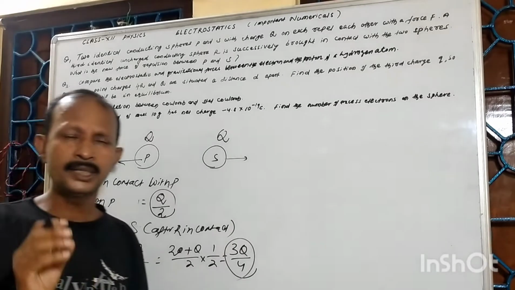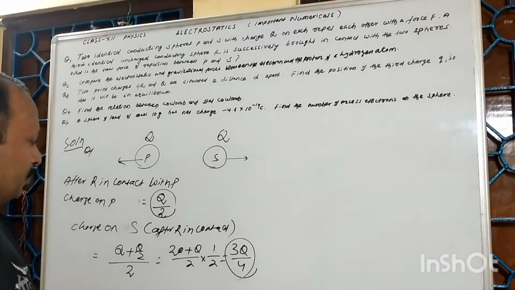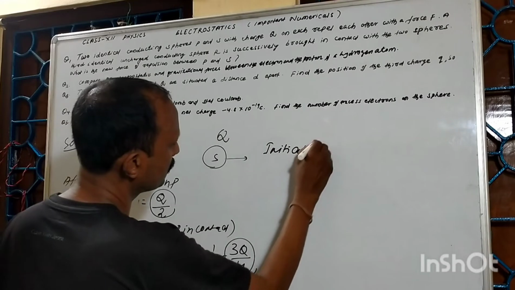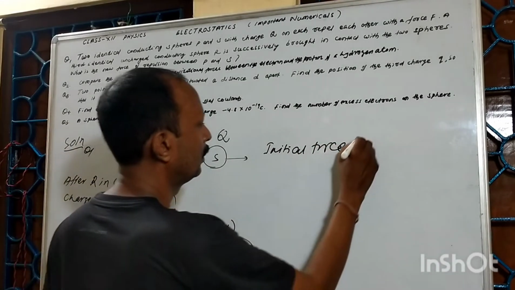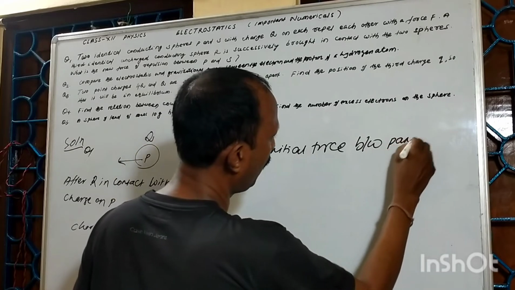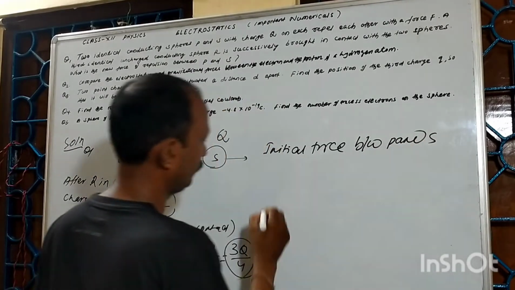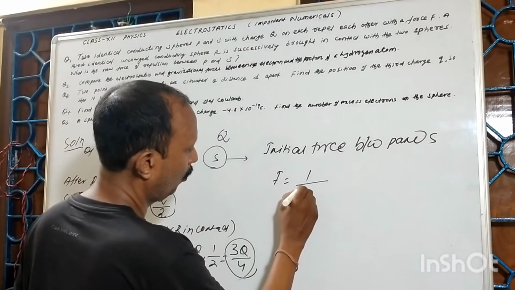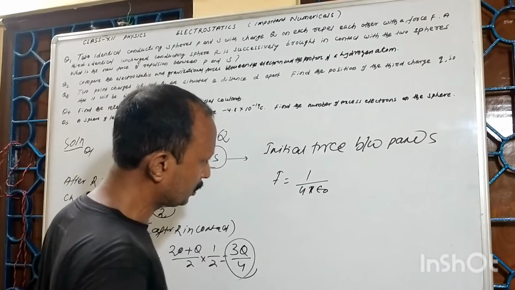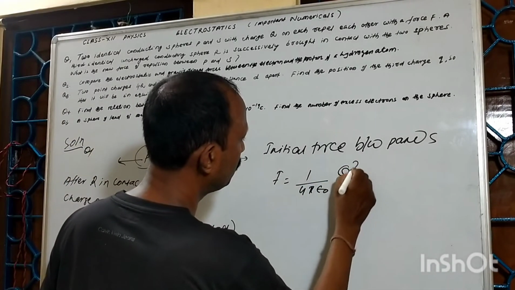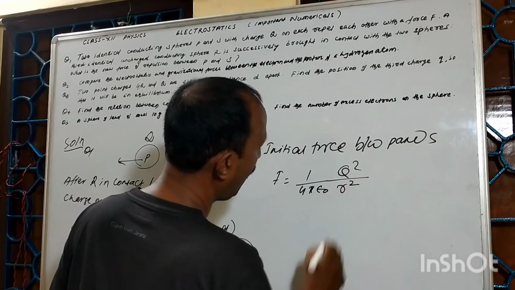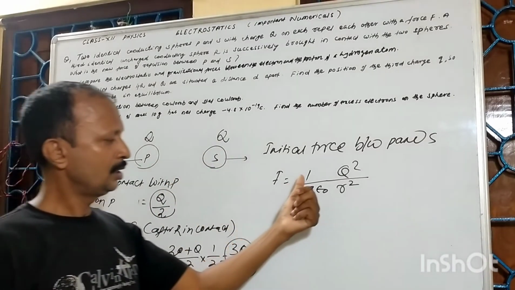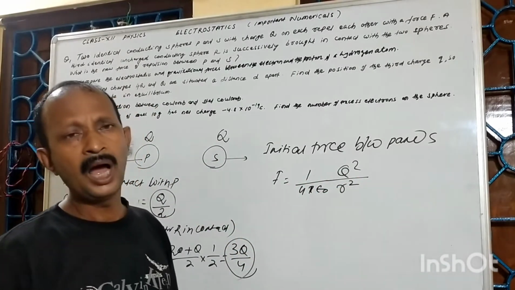Now, what is the new force between them? Let us see the initial force between P and S. According to Coulomb's law, F is equal to 1 upon 4 pi epsilon naught Q square upon R square, using the formula K Q1 Q2 divided by R square.